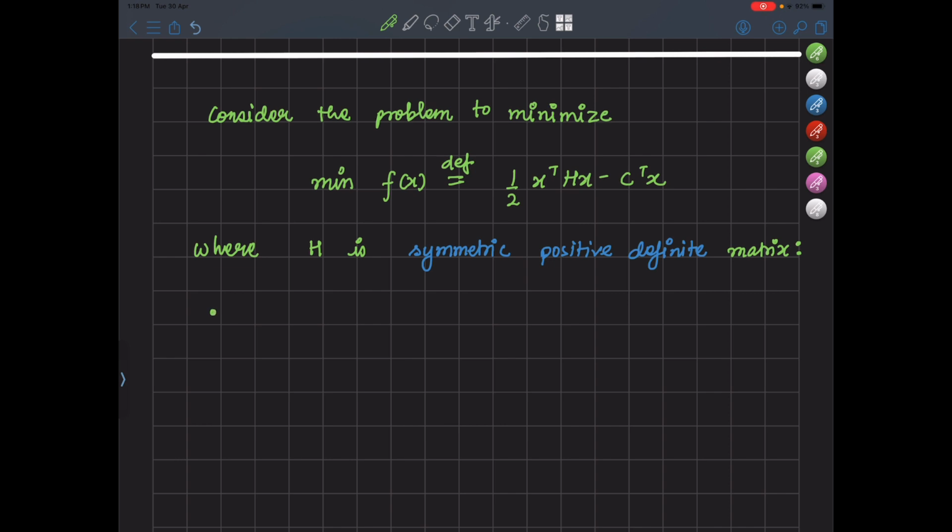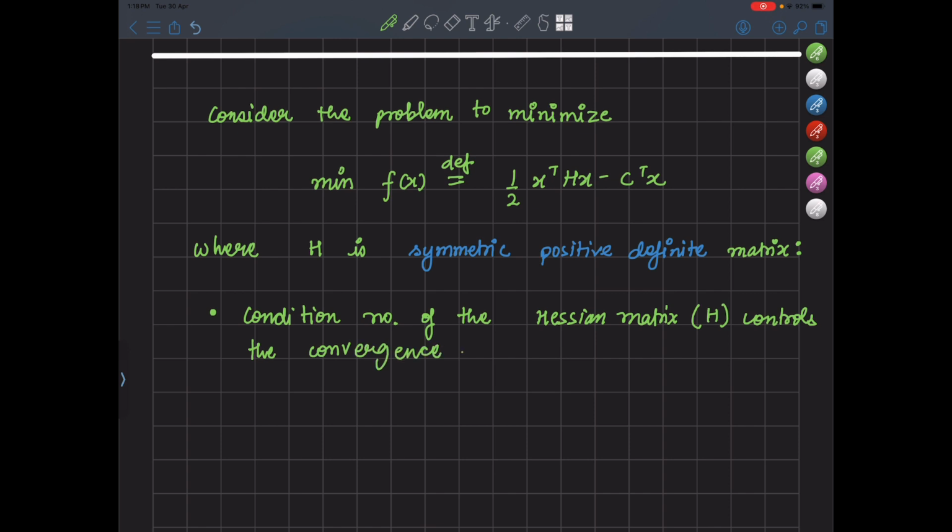Now, the learning from our previous section was that the condition number is very important. The condition number of the Hessian matrix H controls the convergence rate of the steepest descent algorithm.